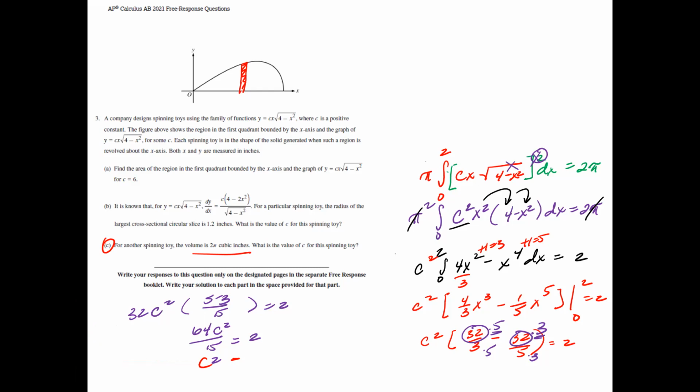My pen's battery either died or stopped working for some reason. Okay, so then 15 times 2 over 64, which can be reduced to 15 over 32. Take the square root of both sides, c equals the square root of 15 over 32. And that is your answer, you guys.